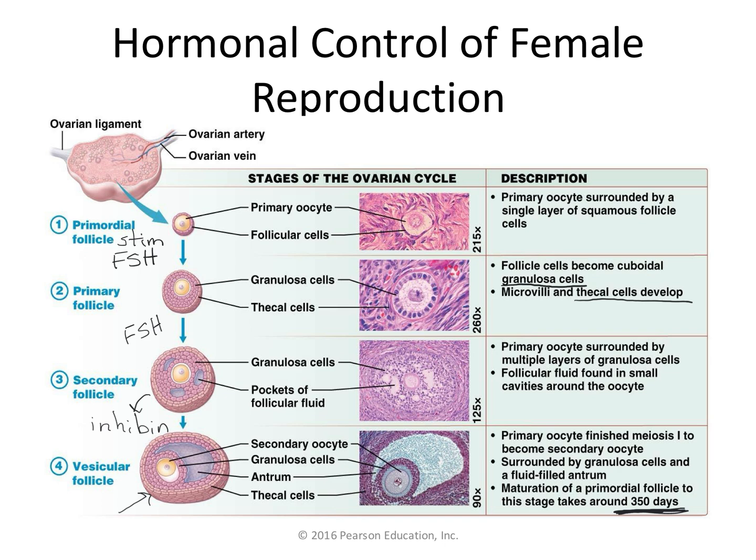You're always restarting the conversion of a primordial follicle to a primary follicle. It's just that the whole process takes 350 days, but you have several groups of cells that get started each month in this process.